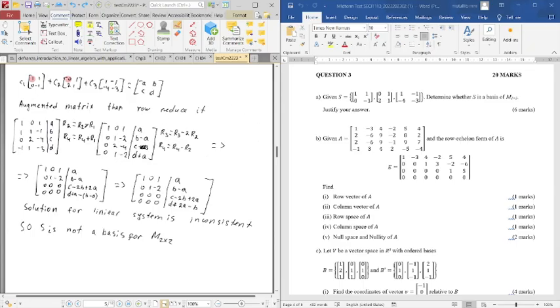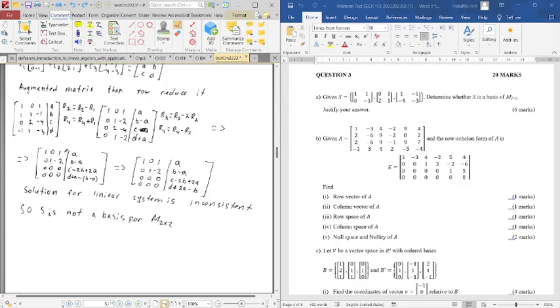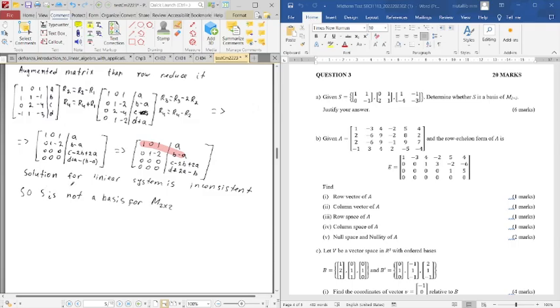We do it with simple equations like this, and when I finished this row echelon thing, the row echelon form of the matrix was like this, and you can see after each operation our system became this: A, B minus A, C minus 2B plus 2A, D plus 2A minus B. So when we make it equal to 0 and calculate it, we can see if it's dependent or independent. And from this system, we can see that the solution for the linear system is inconsistent.